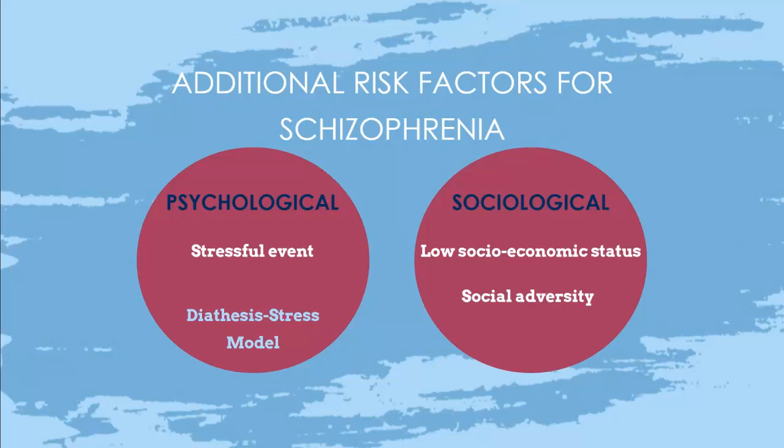It's probably already in their family, and that makes it a difficult home life. Other factors, and again, these contribute to that stress model, low socioeconomic status, facing social adversity, because those create those stress factors that can bring on the disorder. There are links with drug use. So drug use alone will not cause schizophrenia, but drug use paired with the genetics can trigger the disorder.